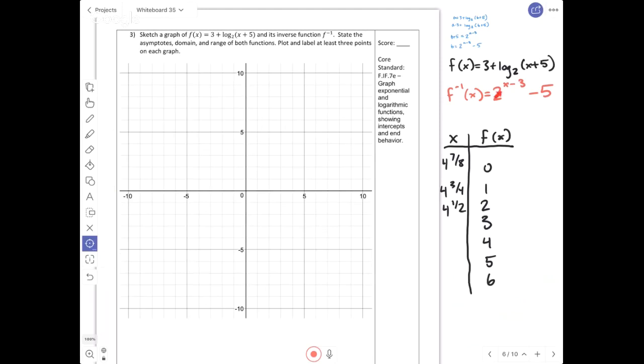Okay, 3. 3 minus 3 is 0. 2 to the 0 is 1. 1 minus 5 is negative 4. Oh, these should have all been negative. Sorry. 4. 4 minus 3 is 1. 2 to the 1 power is 2. 2 minus 5 is negative 3. 5. 5 minus 3 is 2. 2 squared is 4. 4 minus 5 is negative 1.